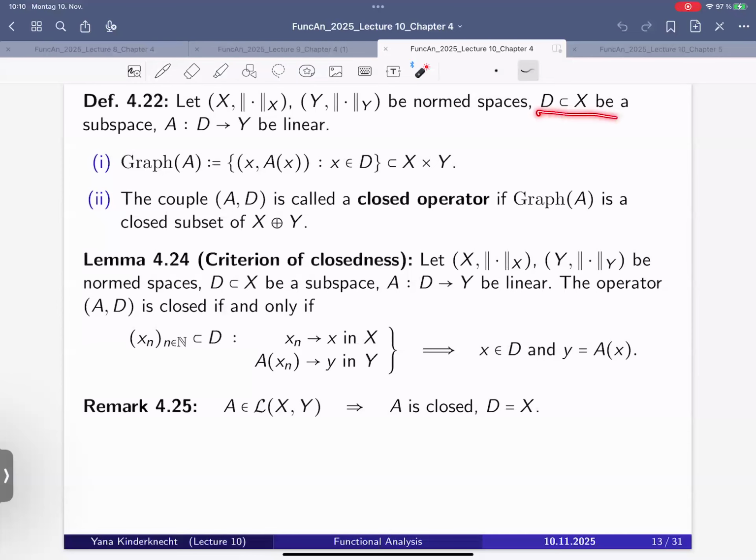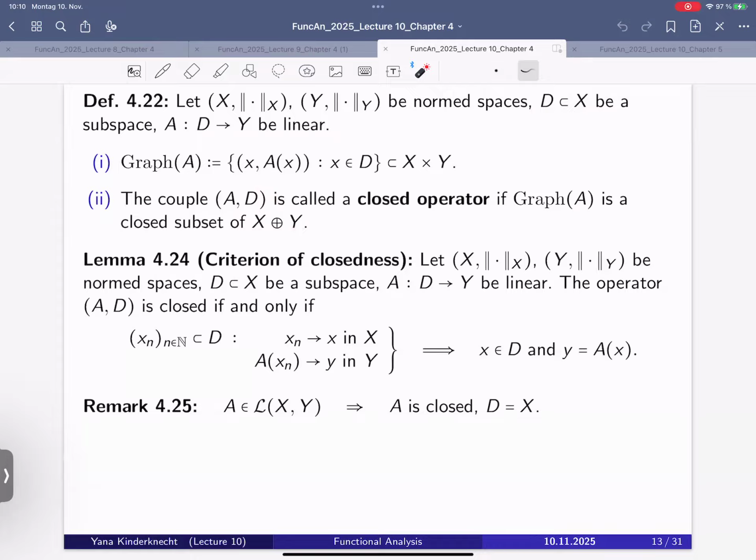We have D, which is a subspace; generally, no word about whether it is dense or not, just a subspace. And the operator A as a mapping from D to Y is a linear operator. We define its graph, and we say that this couple, A and its domain of definition, is a closed operator if its graph is a closed subset of this direct sum.